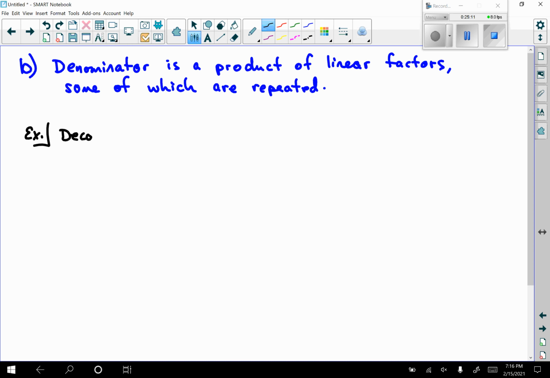Let's go ahead and decompose x squared minus x plus 3 over x squared times x plus 1.